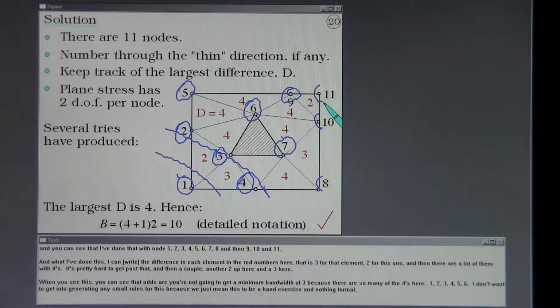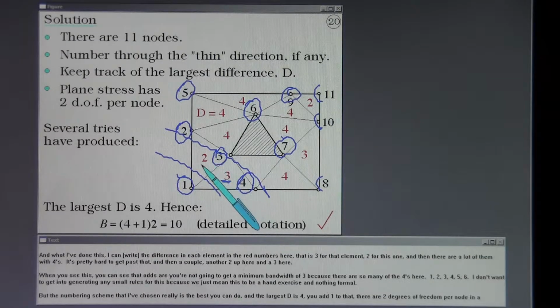And when I've done this, I can make the difference in each element in the red numbers here. That is 3 for that element, 2 for this one, and then there are a lot of them with 4s. It's pretty hard to get past that, and then another 2 up here and a 3 here.